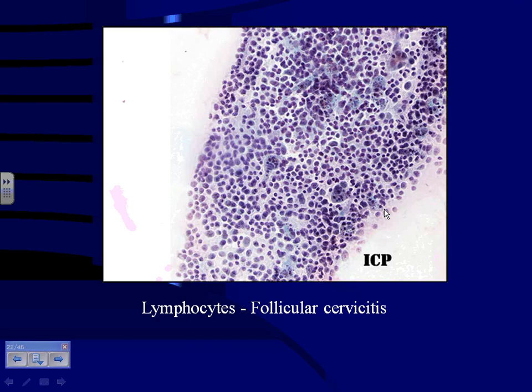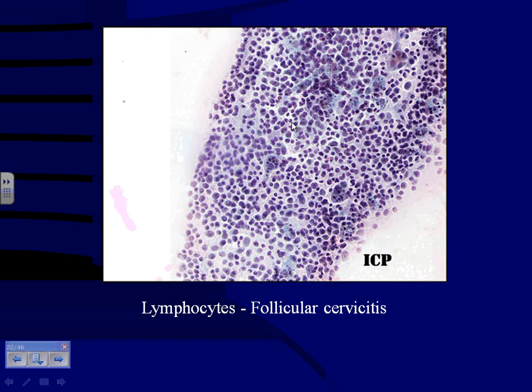One of the things that the lymphocytes can do in the cervix is cause a disorder called follicular cervicitis. It's a type of inflammatory condition that can be seen, and we'll talk more about this on Monday. But this is showing you a good example of follicular cervicitis, showing you abundant small mature lymphocytes, and then these scattered macrophages here. Do you see right here? These cells with the cell debris within their cytoplasm are actually macrophages.